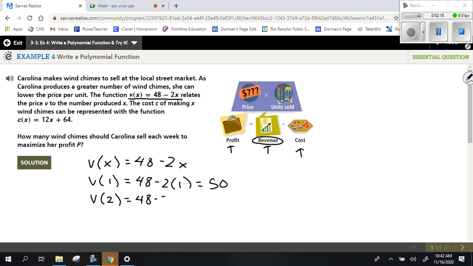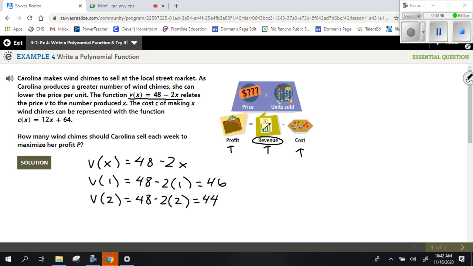If she is creating only 2 of them, then the price that she would sell them at, and I'm sorry, that's subtracting there. My bad, that should be 46. So in this case, if she makes 2 of them, the amount that she would sell them for would be $44, right?